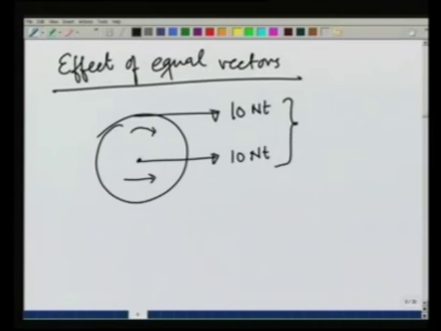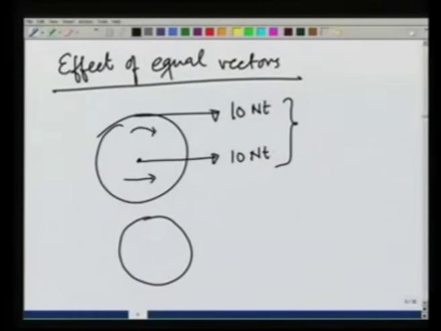So, although the vectors are equal, their effect is not the same. On the other hand, think of the same wheel, if there is a rope pulling it which is tied to its end, whether I apply a force here, here or here along the line of action, its effect would be the same. I can also hit the disc from this side by the same force, and that would also produce the same effect.